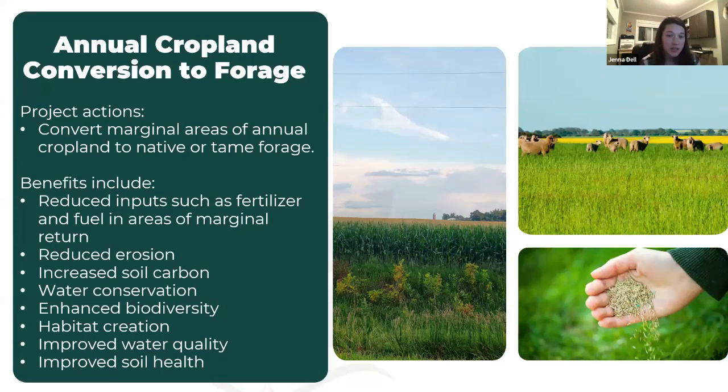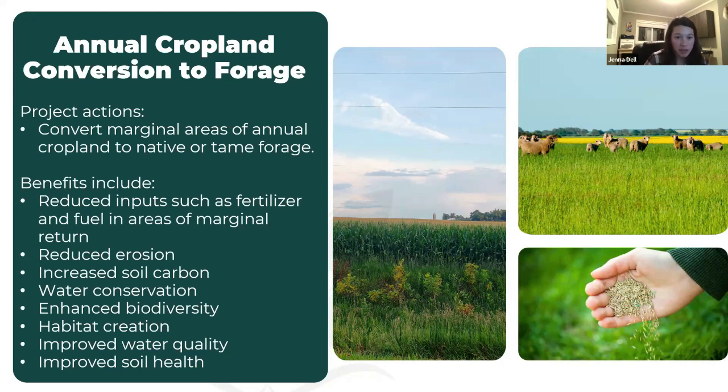This one's kind of moving into the second category now, of crops. So this one is annual crop conversion to a forage. So if you do have land that you're currently cropping and you're wanting to convert it to a native or tame forage, you can apply for the seed cost as well as a seeding operation. And you can either graze this or hay the area once it's been seeded.